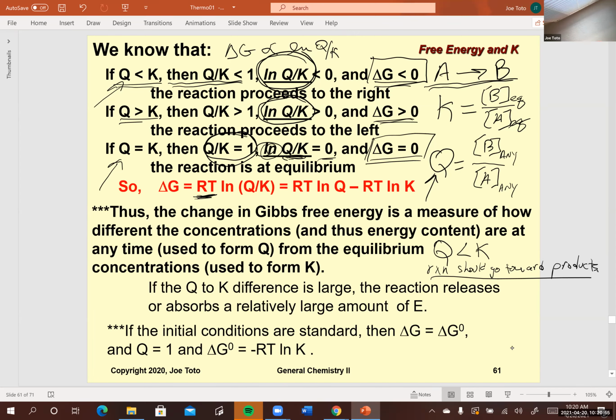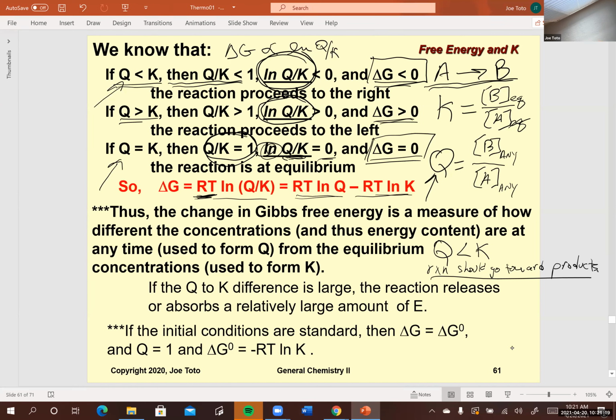So it turns out that delta G equals RT times the ln of Q over K. Then I can use the law of logs and say that the log of Q over K equals the log of Q minus the log of K. So I can split that out into two terms.